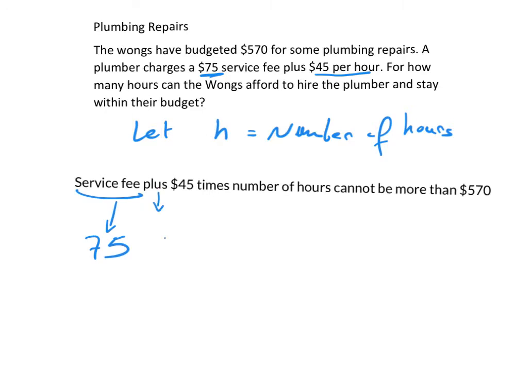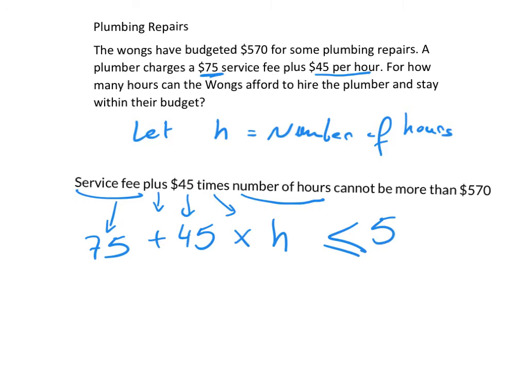Plus $45 times, where times means multiplication, the number of hours, which is h, cannot be more than 570. The maximum budget is 570. It's no more than 570.